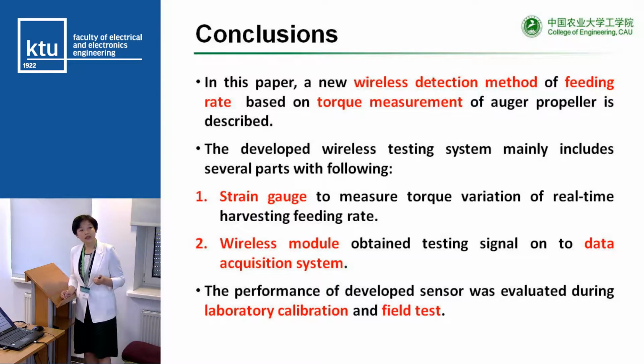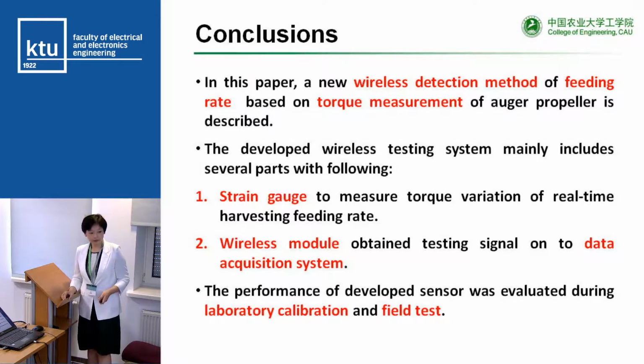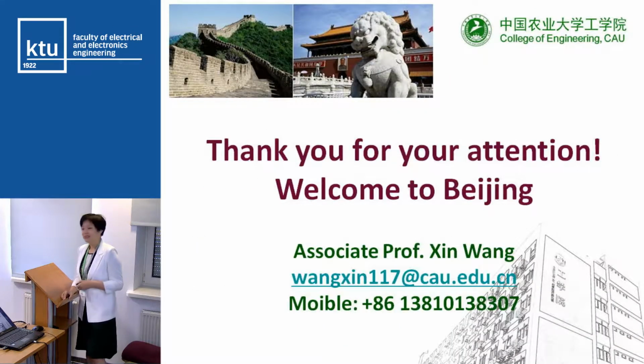Our system includes two main parts: the strain gauge to measure the torque for real-time harvesting feeding rate, and the wireless module which transmits the signal to our data acquisition system. With laboratory calibration and field tests, our system was verified. Okay, thank you.